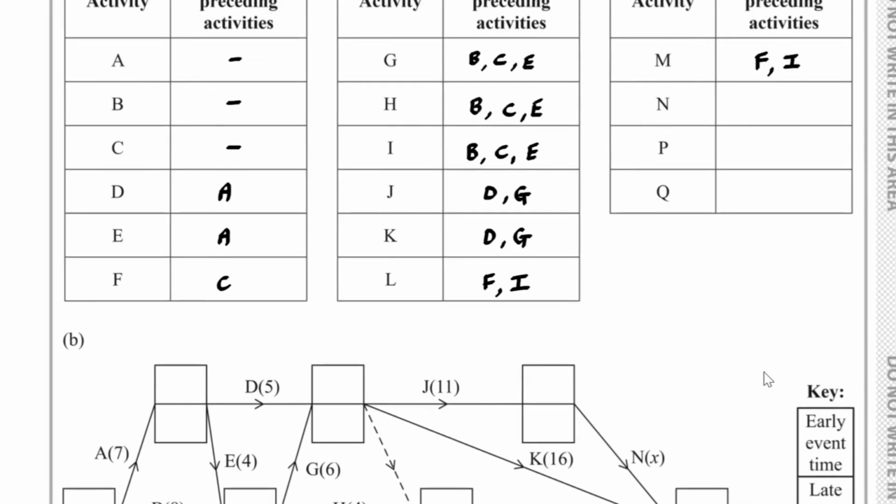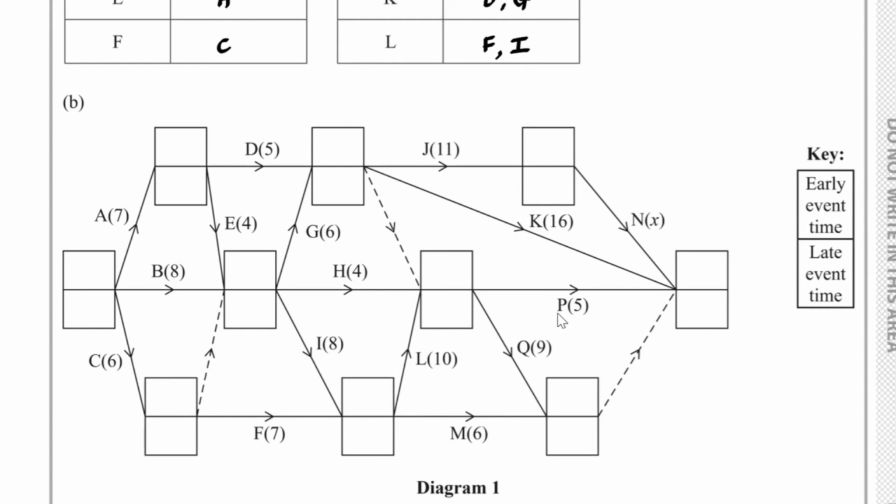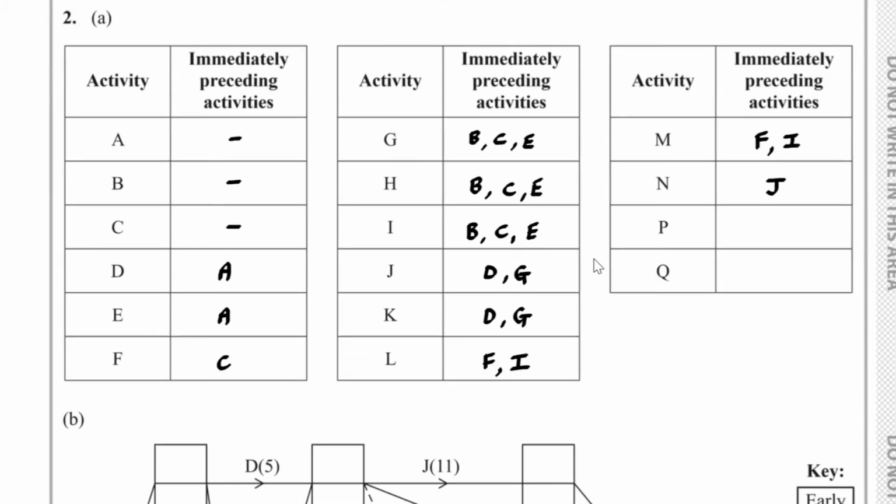So N depends on J. And if I take a look at P, well, it depends on H, it depends on L, and because of this dummy here, it will also depend on G and D. And so P will depend on D, G, H, and L.